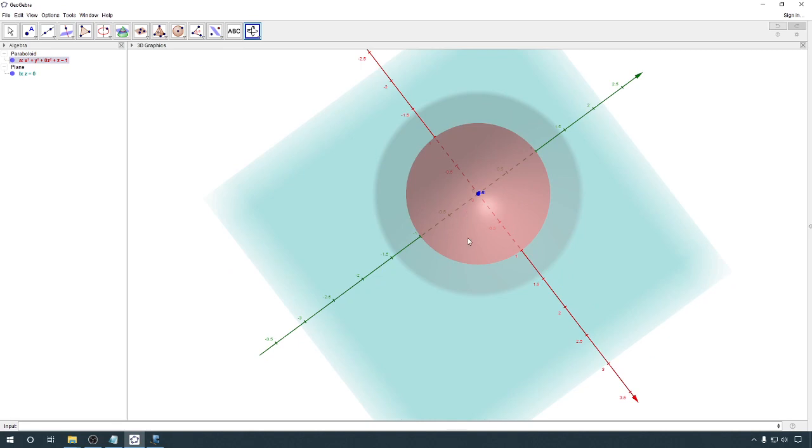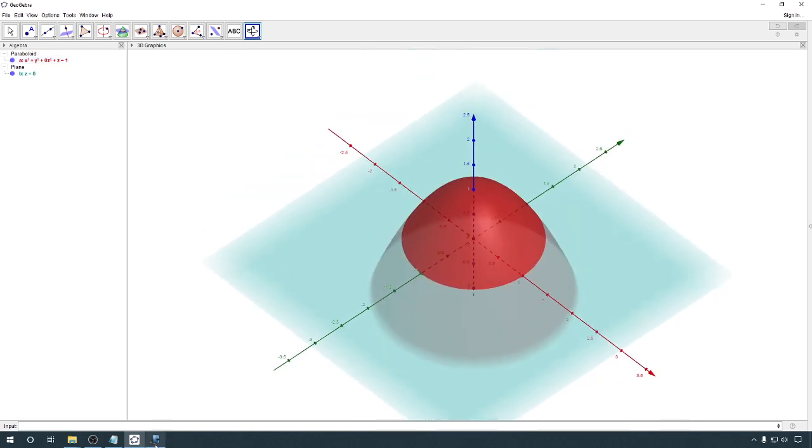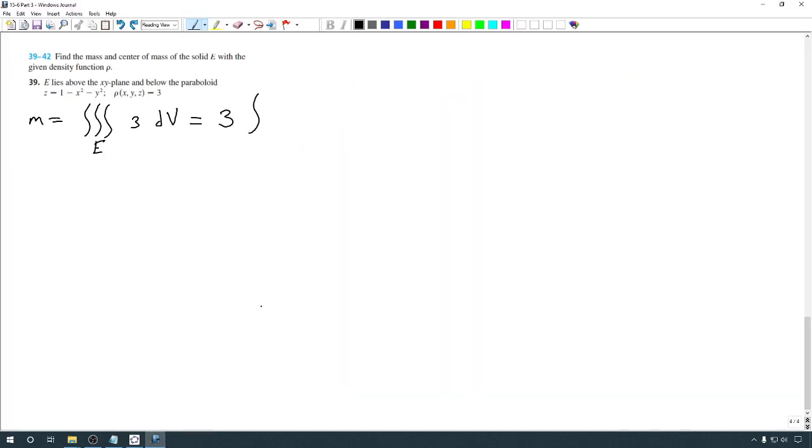Our region in the plane is the circle of radius 1. We'll use polar coordinates for a lot of these calculations, in fact probably all of them. Going around the entire disk of radius 1, theta goes from 0 to 2 pi, and r goes from 0 to 1.